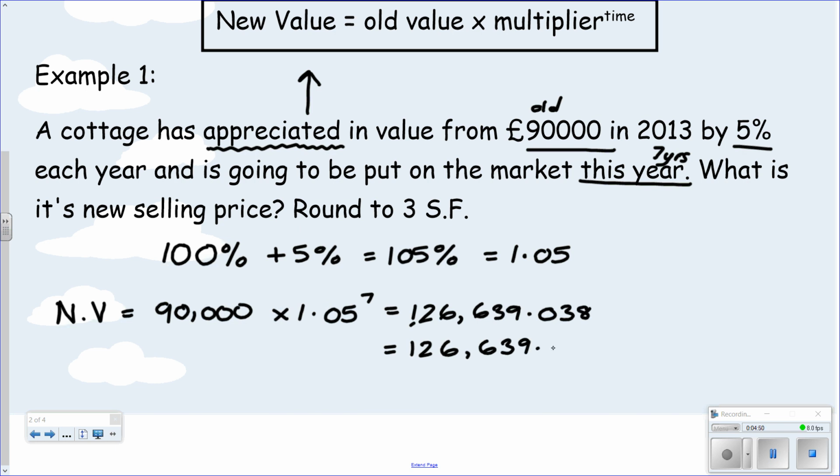That would be if I was thinking about money. But the question says round to 3 significant figures. So the most significant figures are the first three, so I'm rounding the first three figures here. That's going to become 126, and then I look at the next number because it's 6, so we push that up to 7, so £127,000.